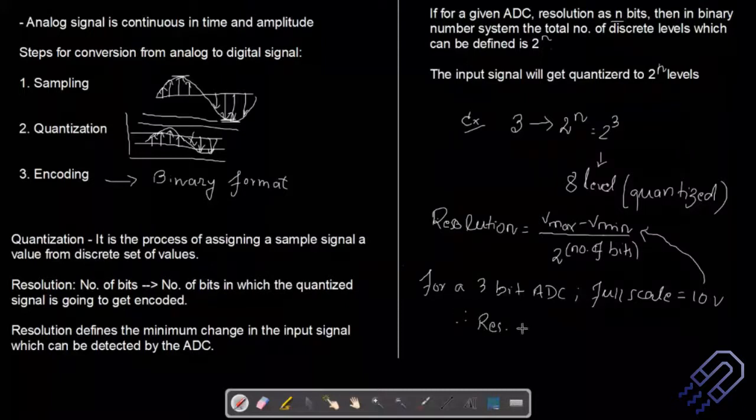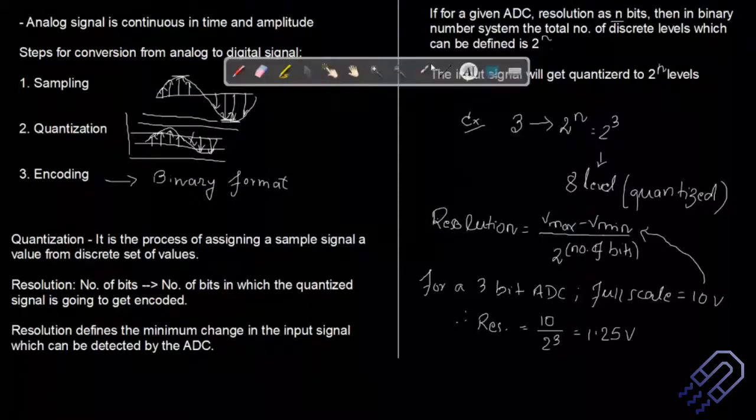This is 10 divided by 2 to the power 3, which is 1.25 volts. What does it mean? If there is any change lesser than 1.25 volts, your ADC cannot measure it. This is what resolution is all about.